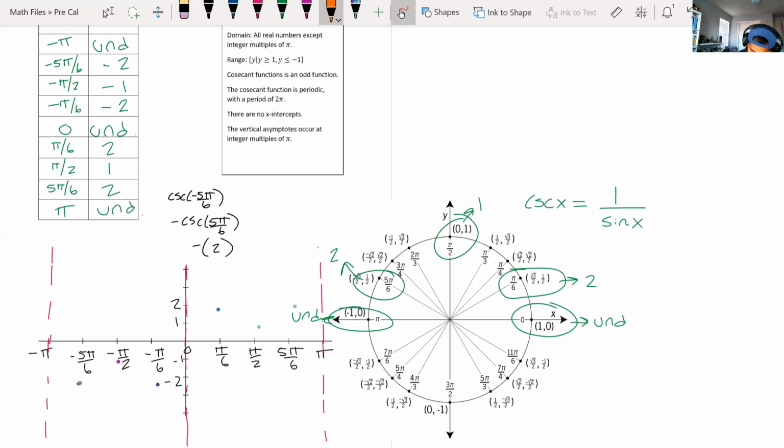Starting on the left side, you follow those asymptotes up and connect your points and follow it back down. And then follow your asymptote up, connect your points, and follow it back up. And that is what cosecant looks like.